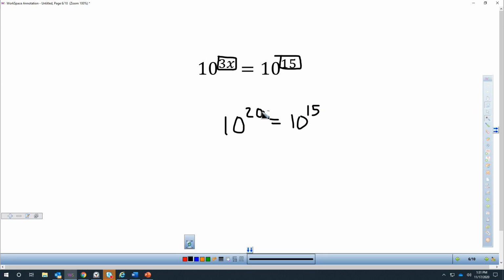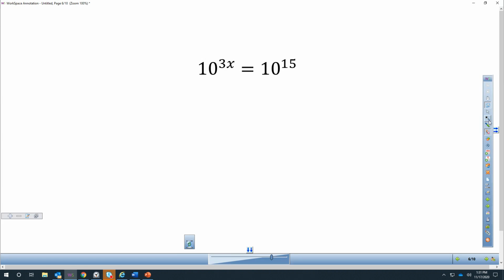We've got to multiply by the same amount of tens on each side. So if this one's a 15, this one has to be a 15. But we're being told that it's 3 times x. So those of you who are quick thinkers can probably figure out that x has to be 5, because if x equals 5, 3 times 5 is going to be 15, and we'll have 10 to the 15th power equals 10 to the 15th power.